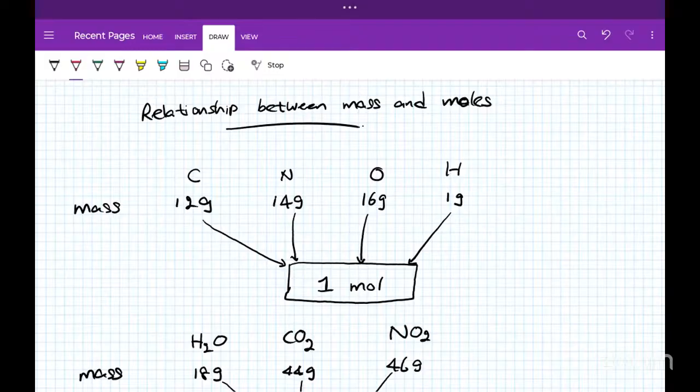When you consider any atom sample in grams to match with its relative atomic mass in grams, you are taking 1 mole of that atom.